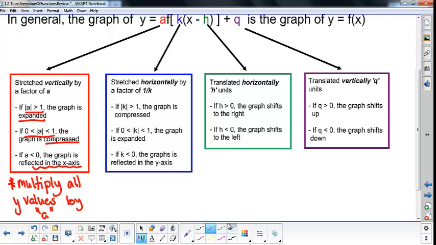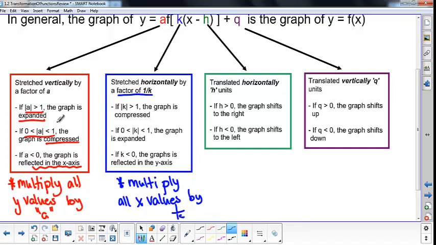Next we look at our k value. This comes right before the x, and that is basically your horizontal stretch factor. I like to think of it as multiplying all your x values by a factor of 1 over k, or in other words, divide all your x values by k.